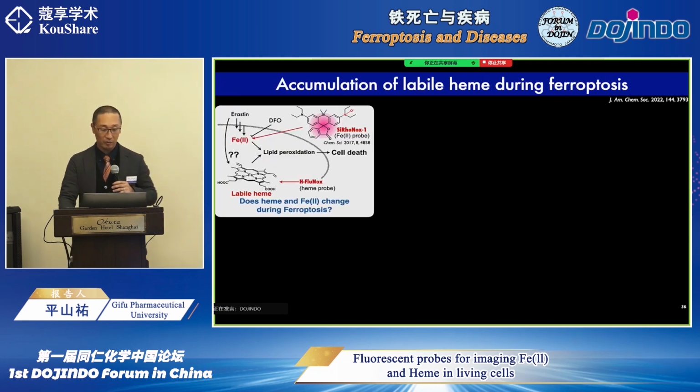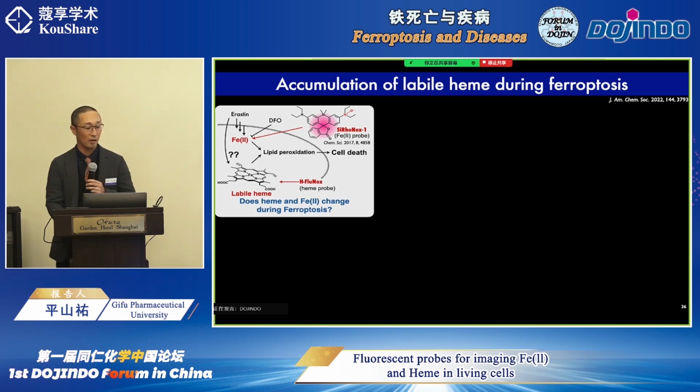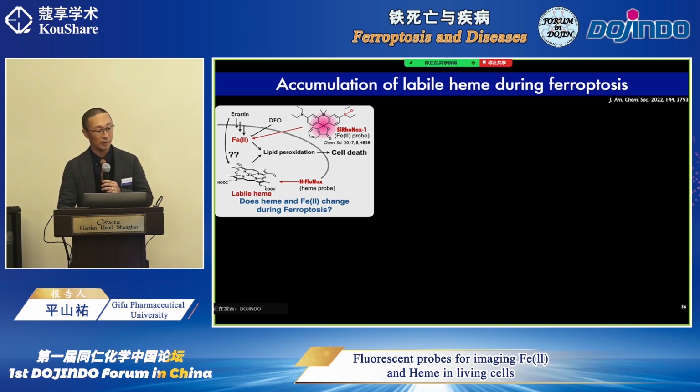Another application of our heme fluorescence probe is monitoring labile heme and labile iron during ferroptosis at the same time.